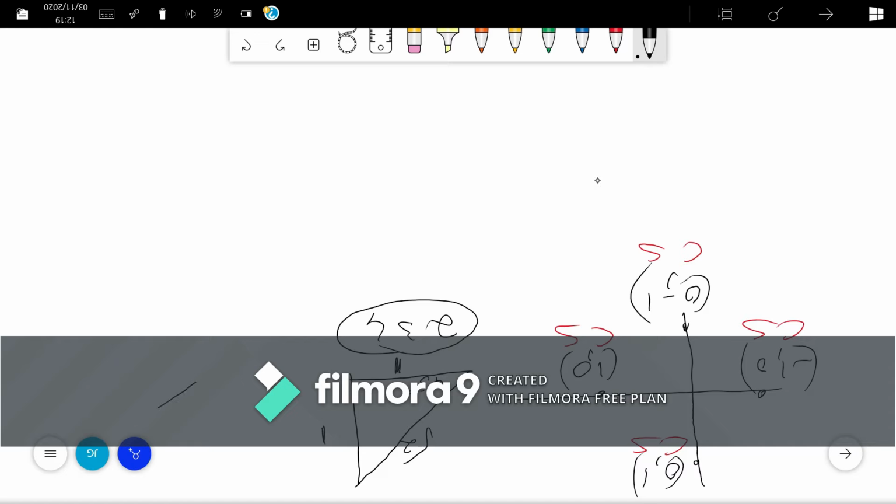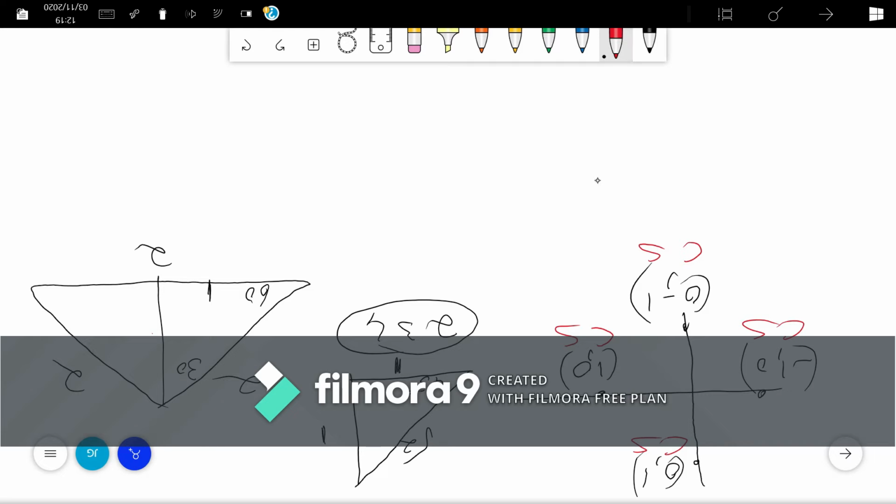We also did 60 degrees and 30 degrees by drawing an equilateral triangle and dropping a line down the middle, so this side becomes 1, this angle is 60, and this is 30. If you do a little Pythagoras there, this becomes root 3. You can now see that the sine of 60 is the opposite over the hypotenuse, root 3 over 2. The cosine of 60 is 1 over 2.